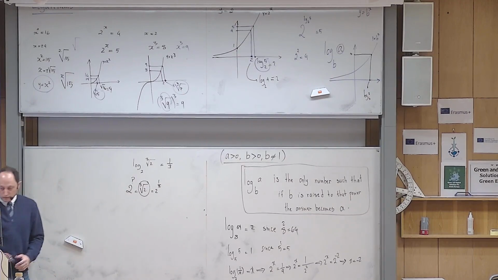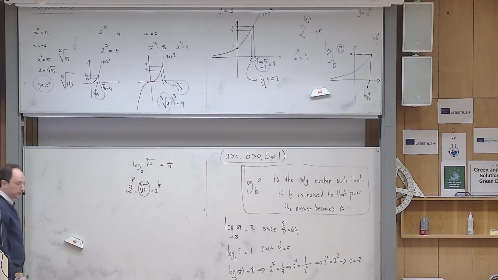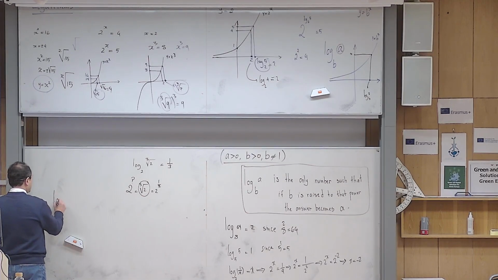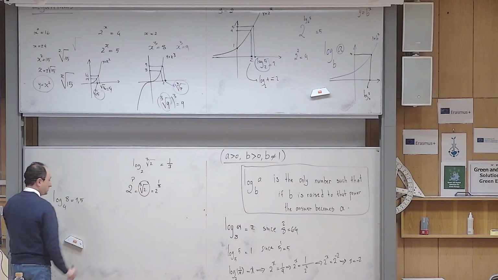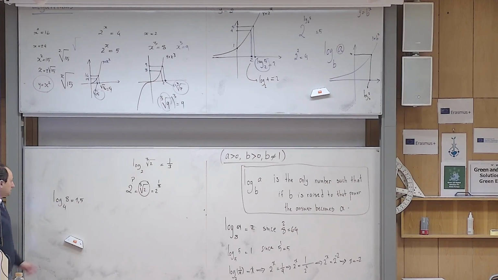Okay, now I want to give you a little bit harder exercises. Can you tell me what this one is? Is the statement I have written here true or false? True. So how should we know that?